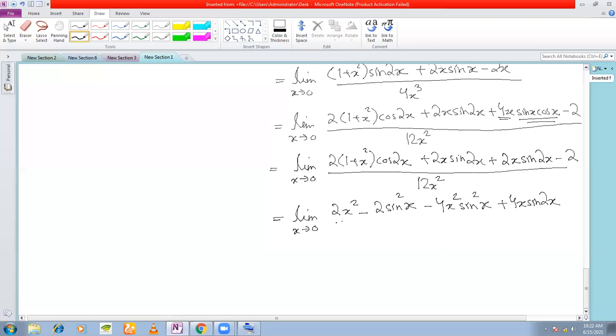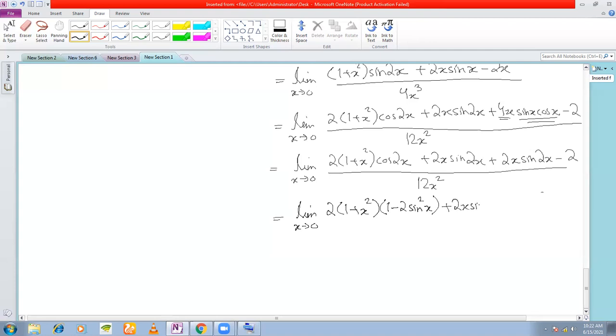Or instead of differentiating, there's a little trick here. That is limit x tends to 0, twice 1 plus x square cos 2x, you can write as 1 minus 2 sine square x, right?